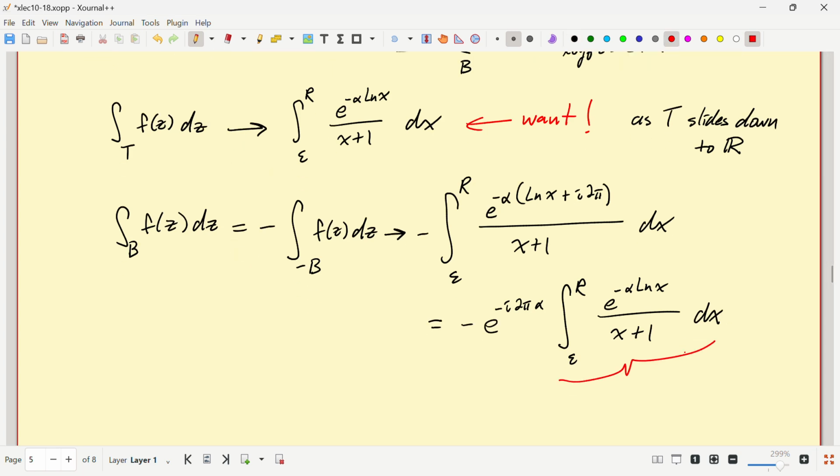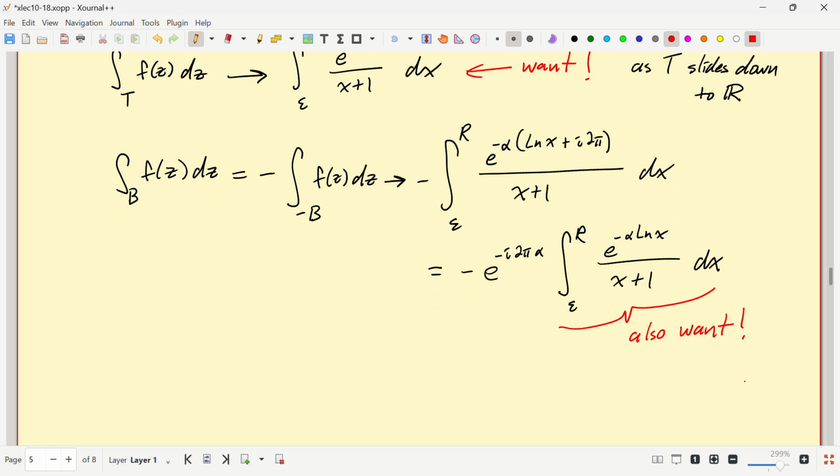We also want this. And the miracle is they don't cancel because there's that number in front that isn't minus 1.